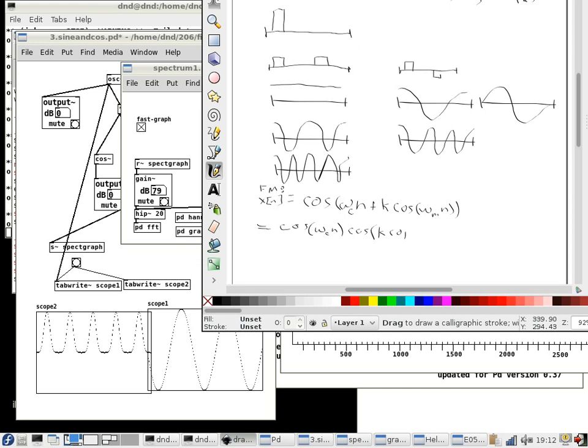Cosine of k, cosine of omega modulating frequency n, plus, and now I've got to start on another line, and anyway, it's not plus, it's minus the product of the sines.